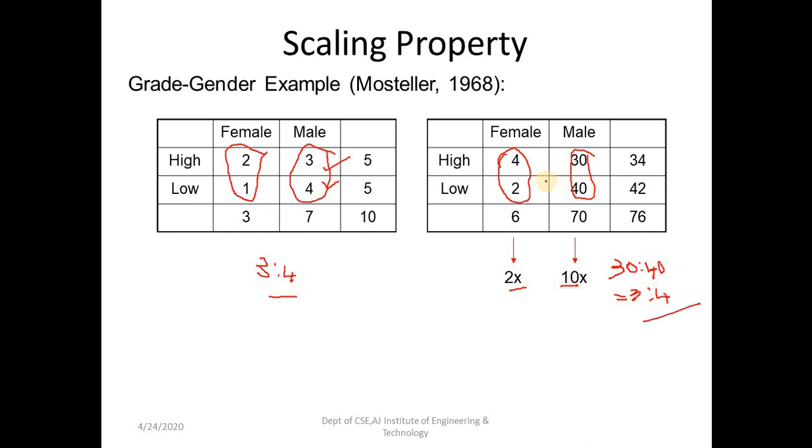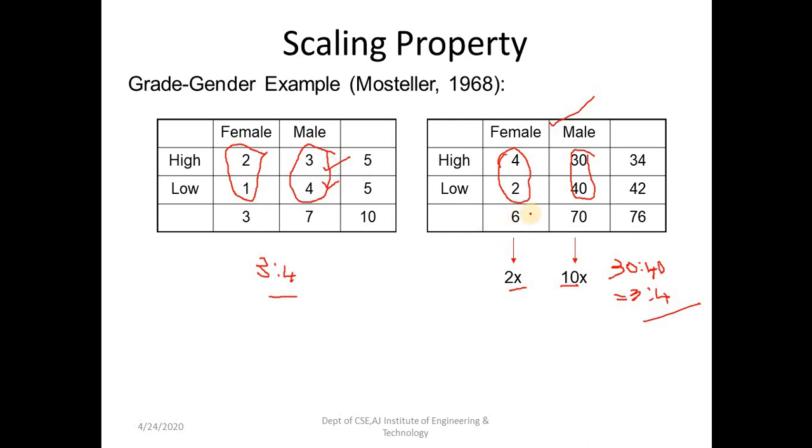Though the second contingency table has scaled 2 times and 10 times, the ratio of male students who got high grades to the male students who got low grades is 3:4 in both the tables. So the relationship between gender and grade should not change just because of the sample size.